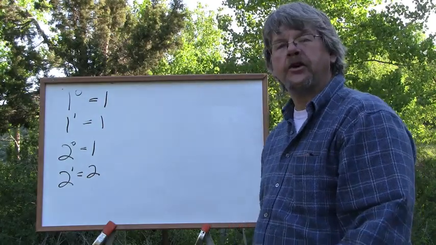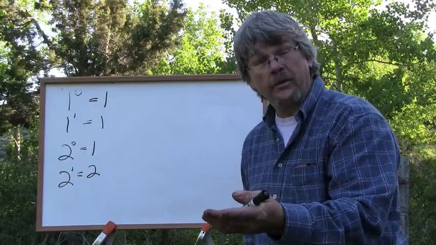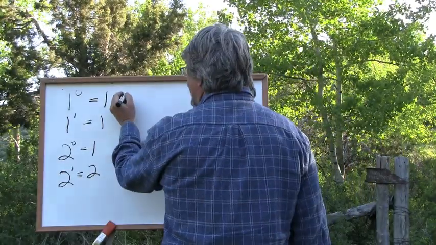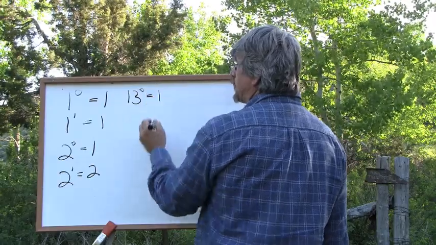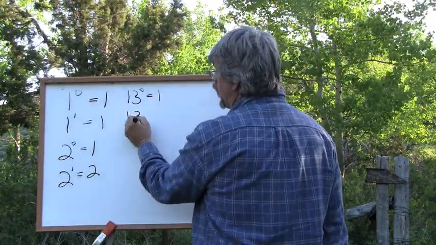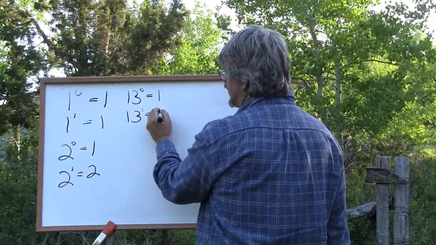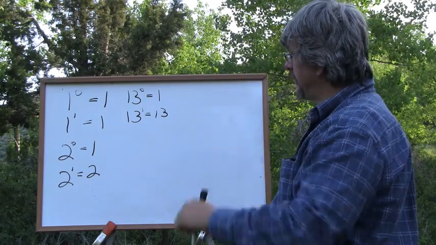And any number to the first power is just that number. So if you have 13 to the 0, that's just 1. If you have 13 to the 1 power, that's just 13. This works with any number under the sun.